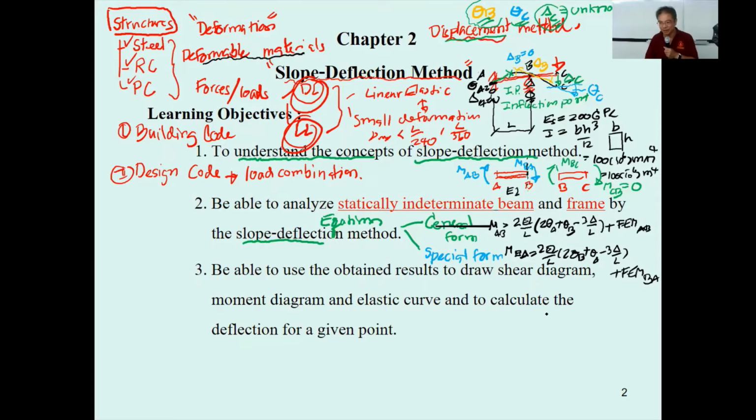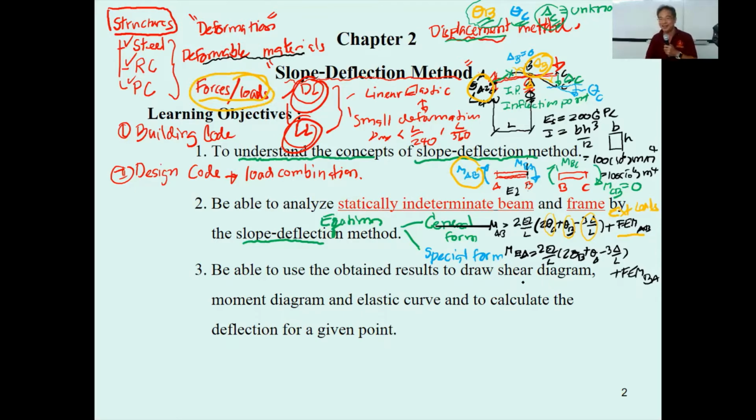Based upon this, the moment that you consider over here can be determined from the deformation theta sub A, the deformation theta sub B, the downward settlement over here, and also the external load, as we just mentioned.